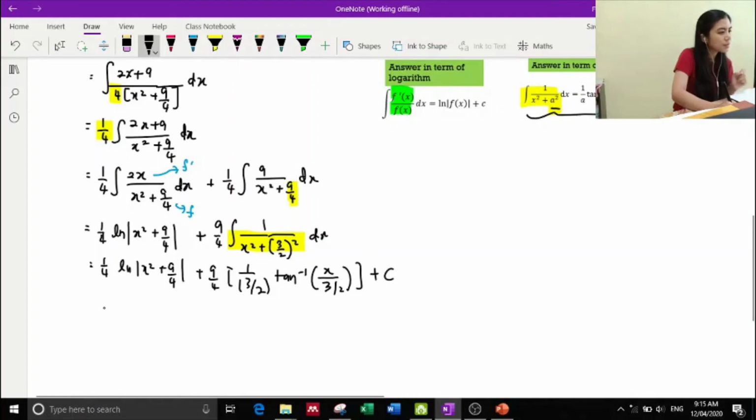Okay, so we simplify this one. If you simplify this one, then we have the last step of this solution.